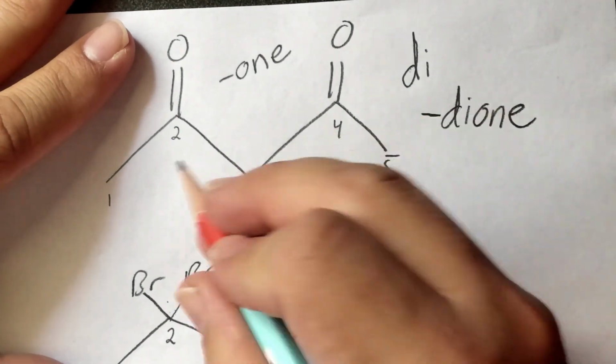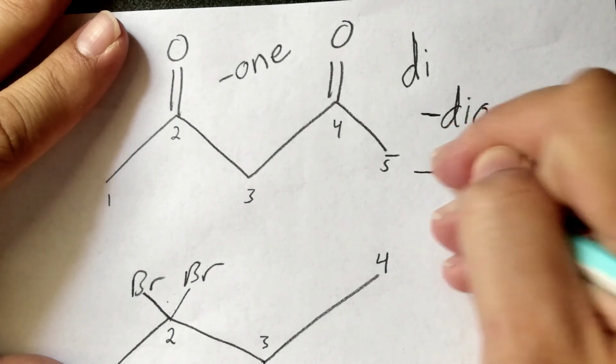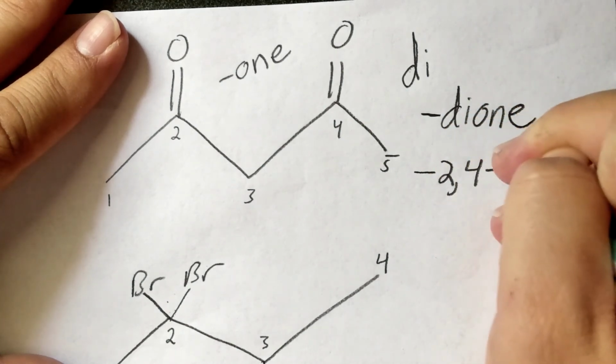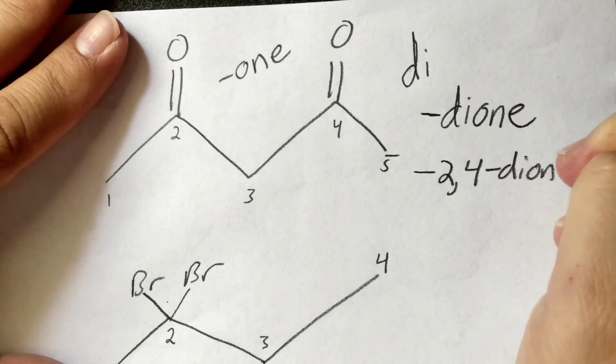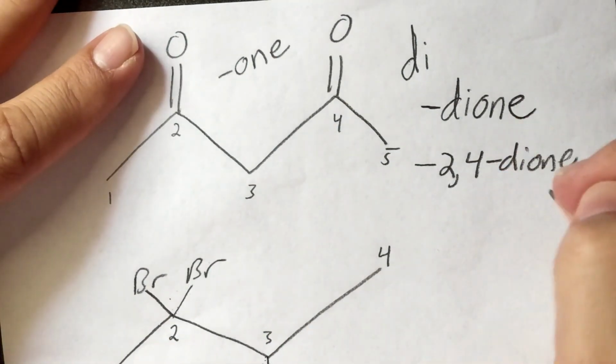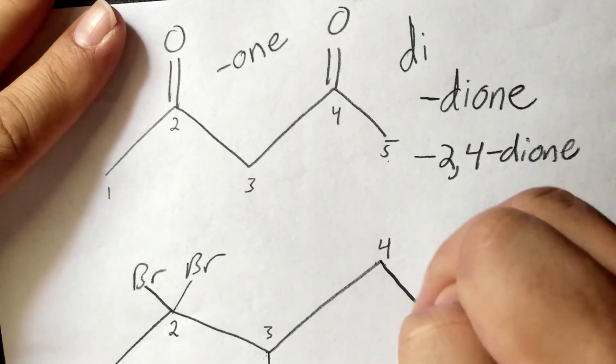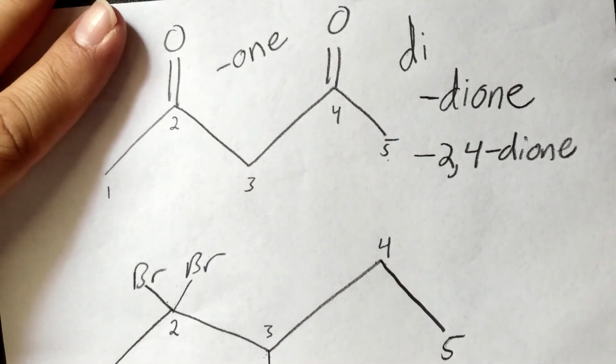And then the locants for these would be written, and we'll talk more about locants, as I said, in lecture. And so it would actually be 2,4-dione would be the ending of this molecule. It'd be pentadione if you just are curious, because there's 5. Let's make all these 5.